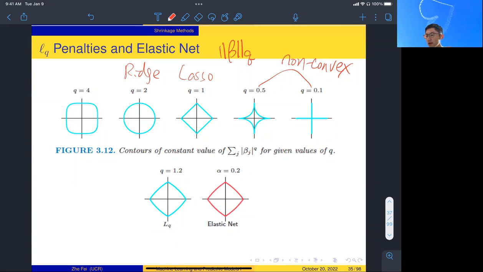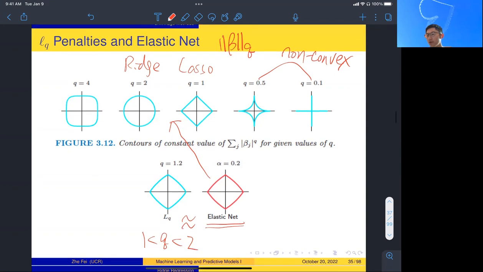In another comparison we want to show, the elastic net is similar to the LQ norm when you have Q between 1 and 2. So we see that elastic net is something in between lasso and ridge.